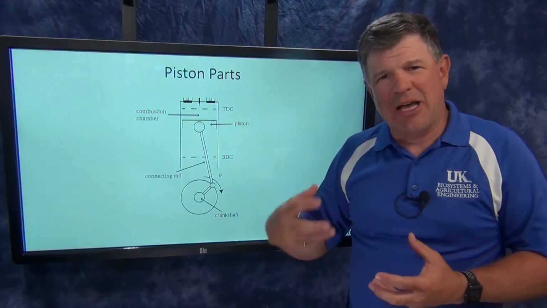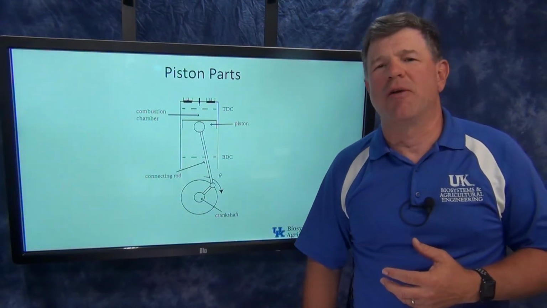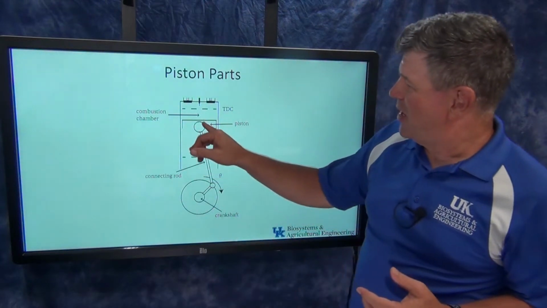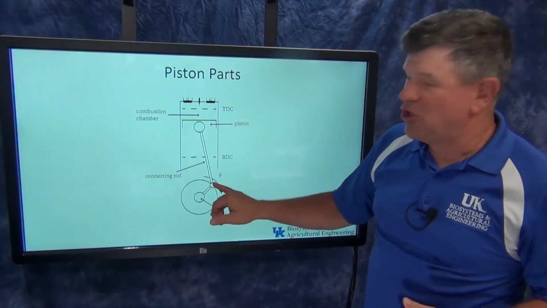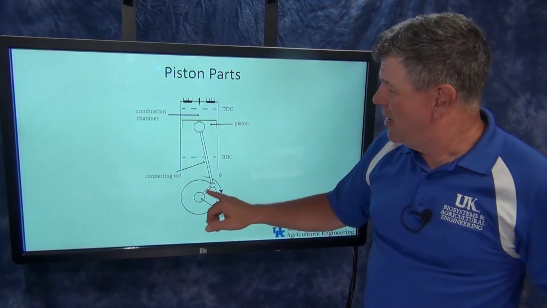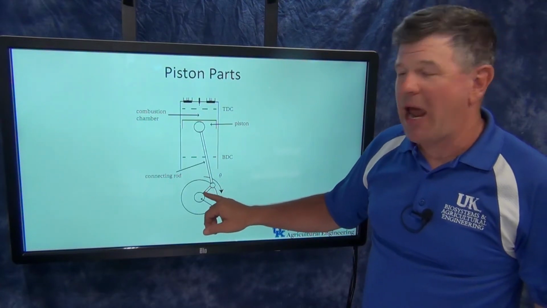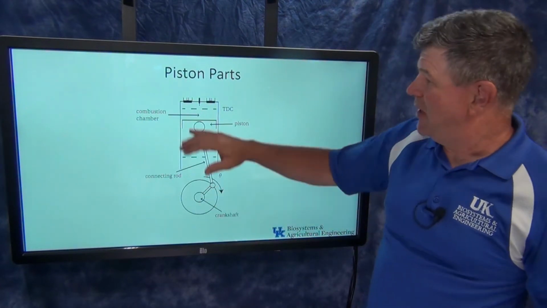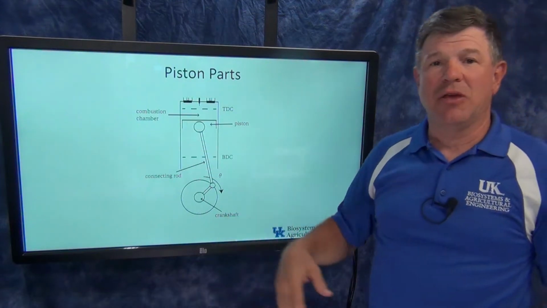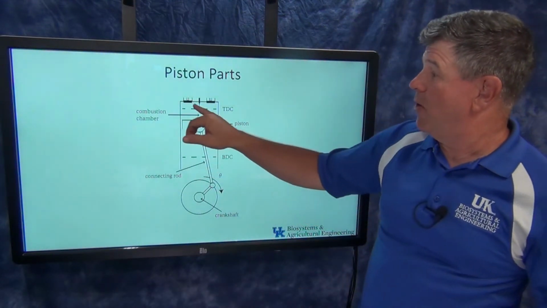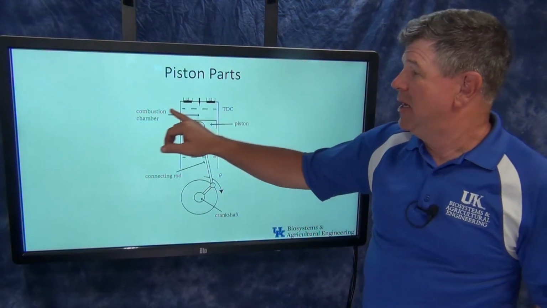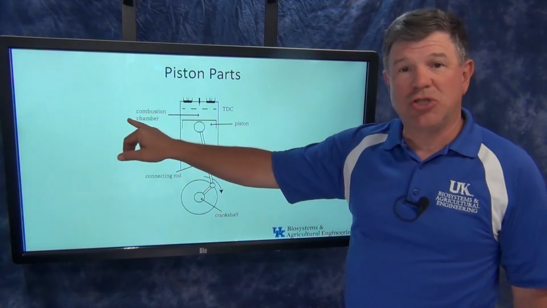So that's kind of like almost like the lower part of your leg, if you will. So that you can think about that as your leg. This joint right in here is the pedal, and then this offset is your crank that's connected to the crankshaft. And again, this piston is the main thing that goes up and down. Now what we have going on up above that piston, this is what we call the combustion chamber.